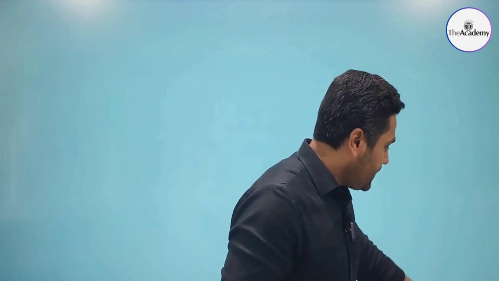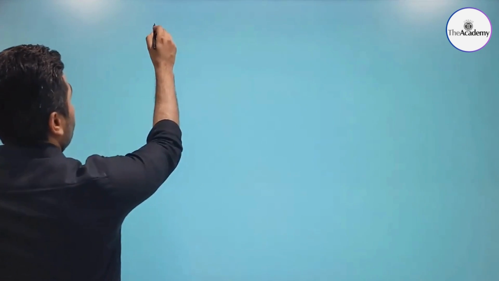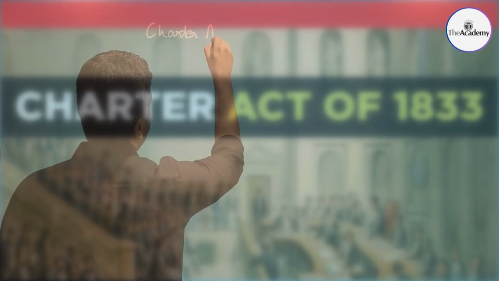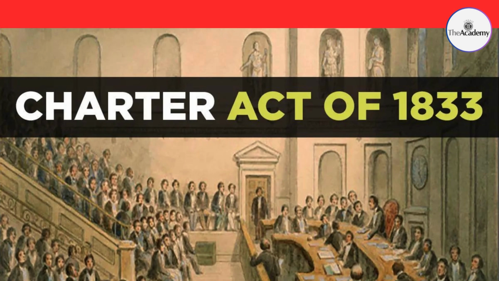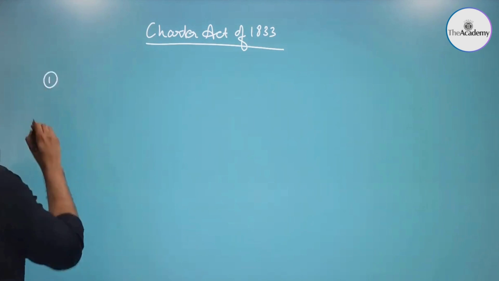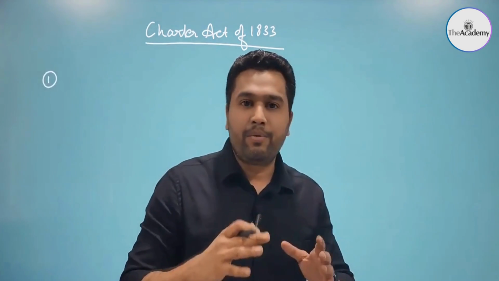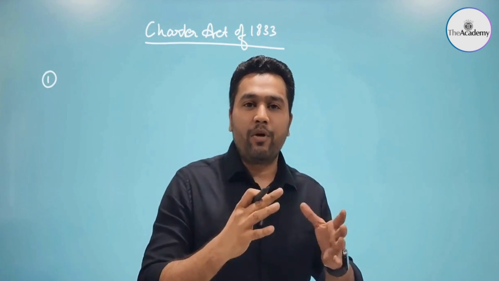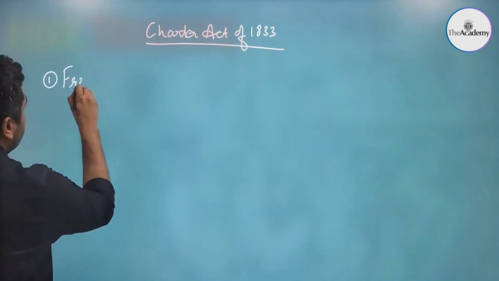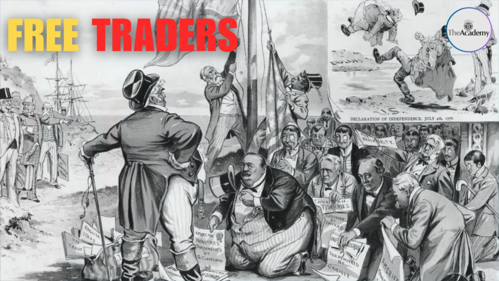So let us study some of the prominent features of this Charter Act. I've already explained that there are four prominent pressure groups, I would say four prominent sections back in England. There are the free traders, or those who wanted free markets.